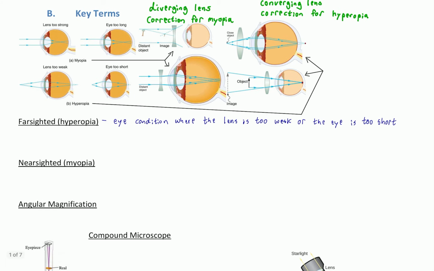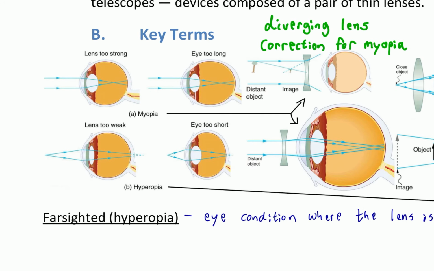Farsightedness, hyperopia, is an eye condition where the lens is too weak or the eye is too short. So the lens is not focusing the light enough, or the eye is simply too short. Let's zoom in on that. Here we have a shortened eye.